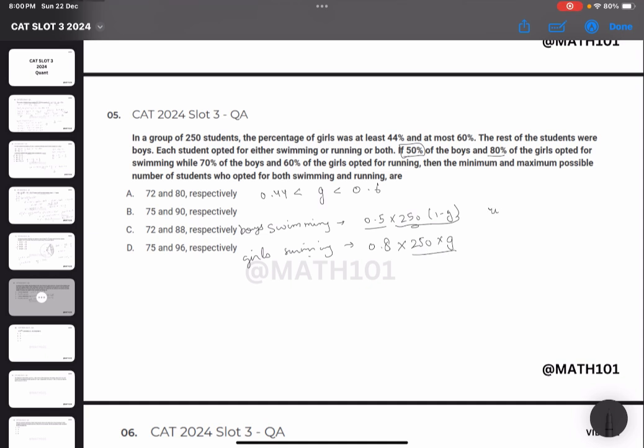Boys running is 0.7 into 250 into 1 minus G, and girls running is 0.6 into 250 into G, sorry.